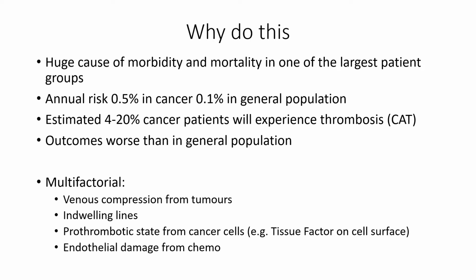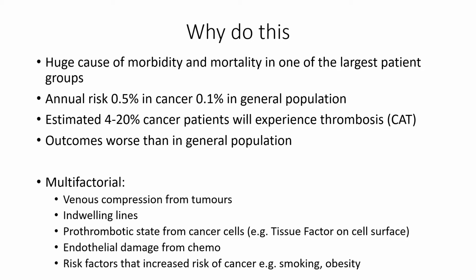Endothelial damage from chemotherapy. If we think back to Virchow's triad, one of the things is localized damage that can induce thrombosis. Lots and lots of other factors, but the point is there's a variety of reasons, and these include the reasons why people may have got the cancer in the first place. If they're morbidly obese, smoke 40 cigarettes a day, these of course are going to increase their thrombotic risk.